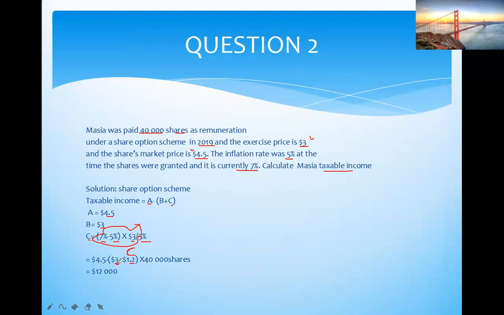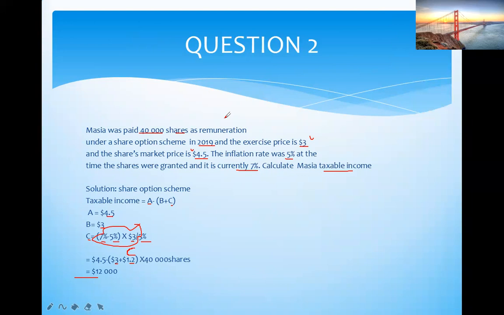So we add 3 and 1.2 and get 4.2, we deduct it from 4.5, then we multiply by the number of shares. This is the taxable income for Marcia. So dates are very critical here. If the shares were issued after 1 February 2009, this is how you determine the taxable income.